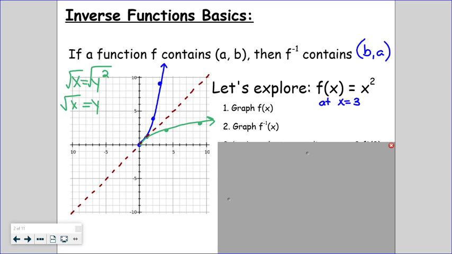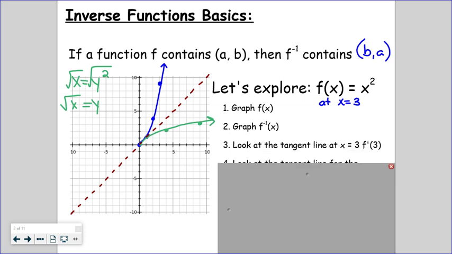And the same thing's going to happen with our derivatives of those, or the slope of the tangent lines, as we look at those. So now taking this whole idea of inverses into our calculus world, looking at the tangent line at x equals 3, the derivative of our function at 3, we would be looking at this line right here.